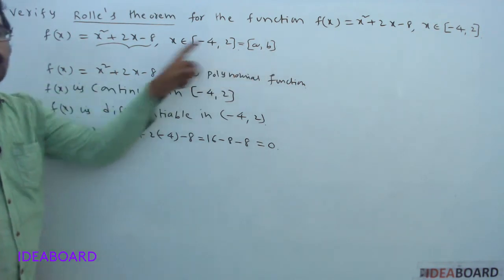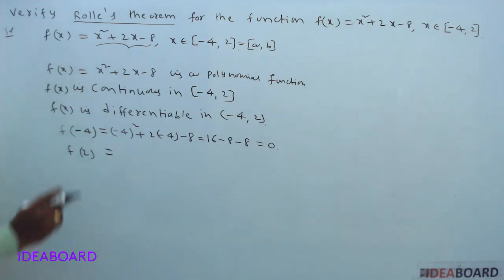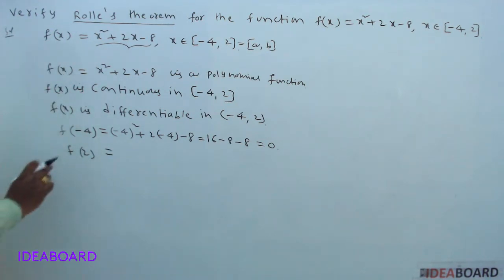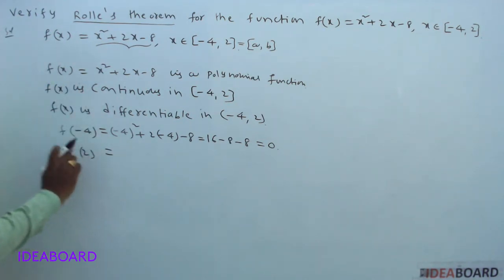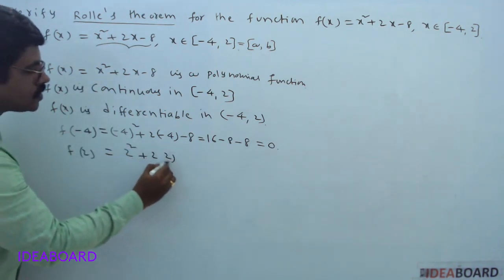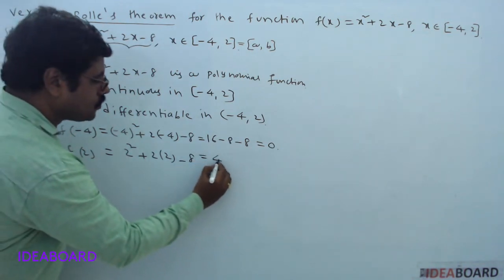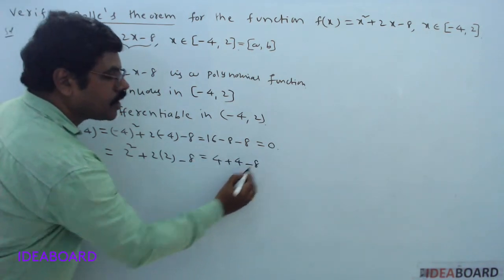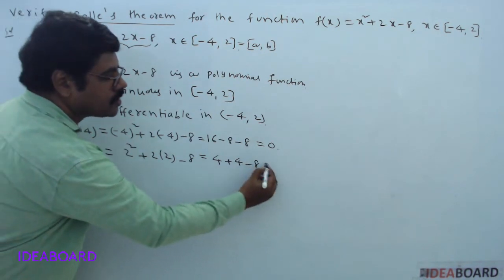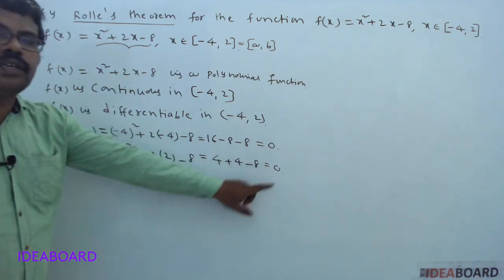Then find out the f(b) value. What is the b value? 2. So f(2) equals, in this function f(x), replace x with 2. It will be 2 square + 2 into 2 - 8. Then it is 4 + 4 - 8. Now 8 - 8, it will be 0. f(-4) value is 0. f(2) value is also 0.